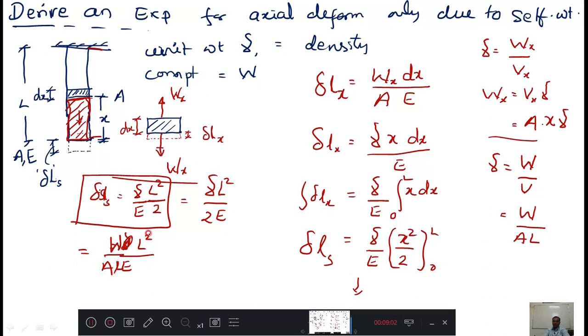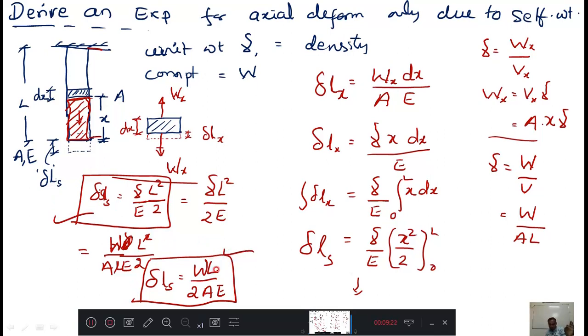Then this L cancels, therefore you will get delta Ls equal to WL upon 2AE, because this 2 is also there. Then this expression you will get. Either you can use this expression or you can use this expression for elongation due to self weight. This is a very important derivation you can expect for examinations.